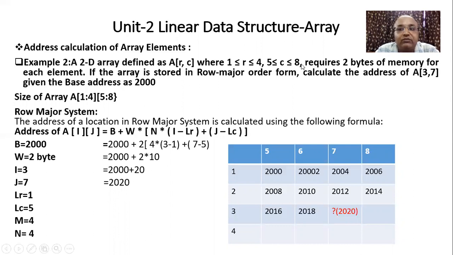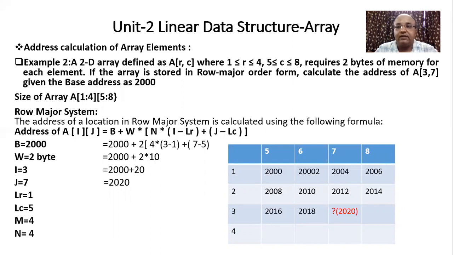Here you have to first understand the definition of what exactly they are asking. The range of row is 1 to 4, and the range of column is 5 to 8. Each element requires 2 bytes of memory, so obviously this is an integer type of array. If the array is stored in row major order, calculate the address of A[3][7].